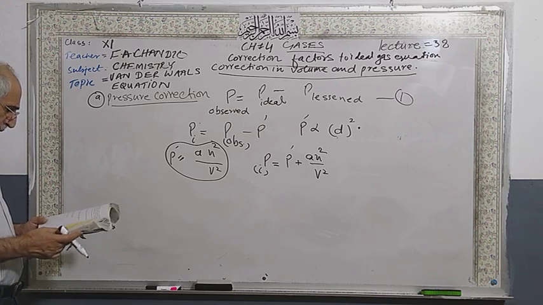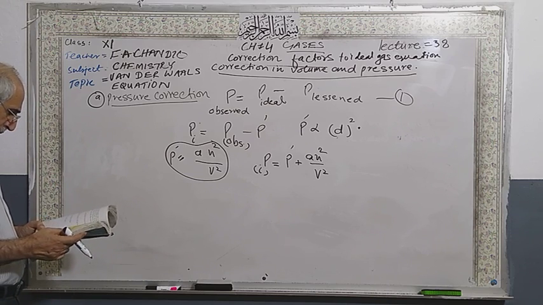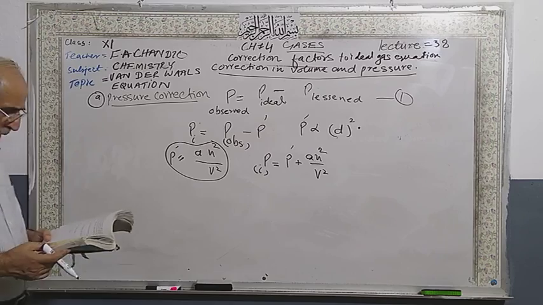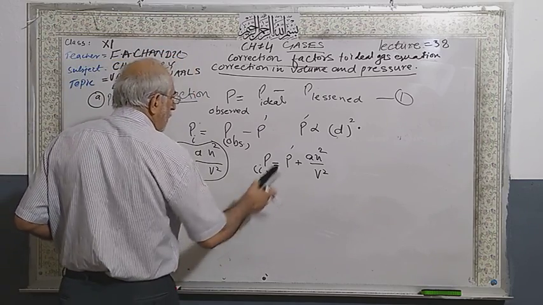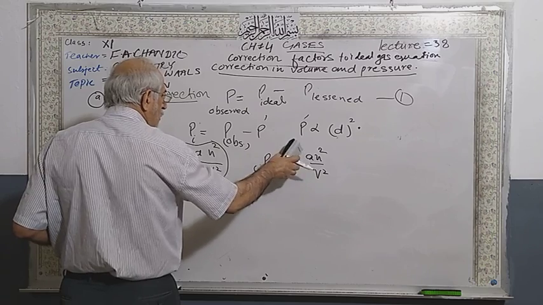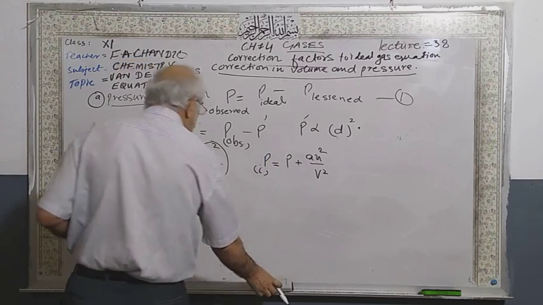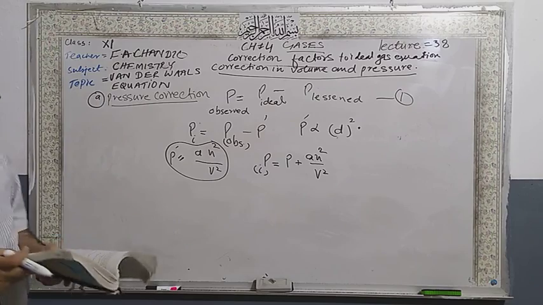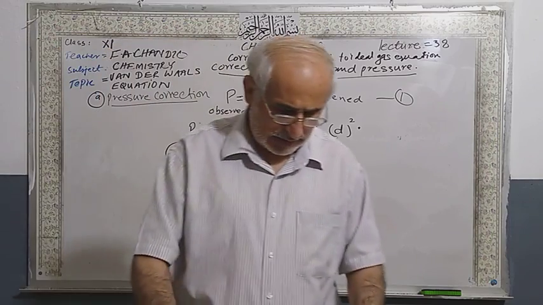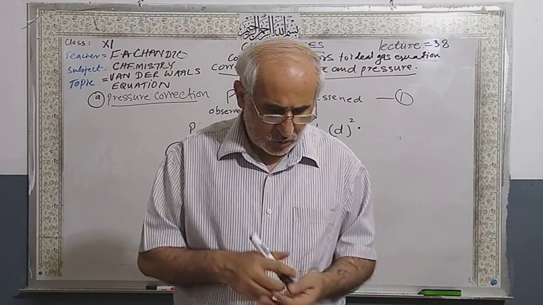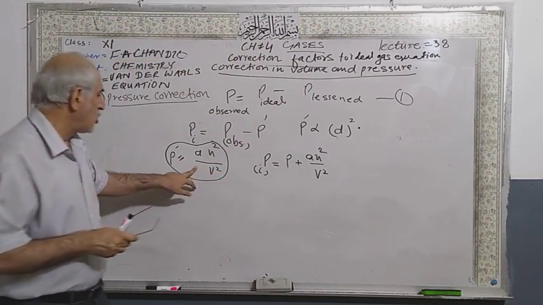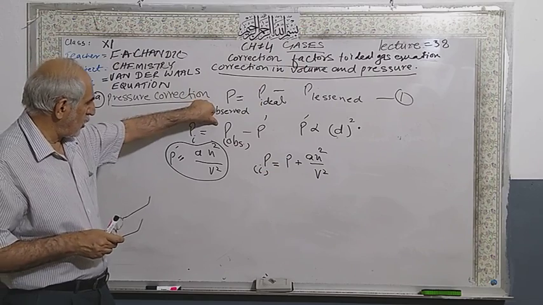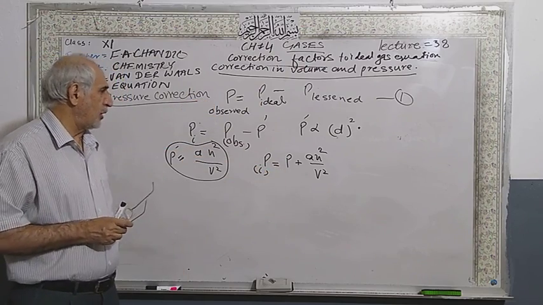So P ideal is equal to P plus a n square over V square, because P dash is equal to this factor. So if I put this in this equation, you will get this one.